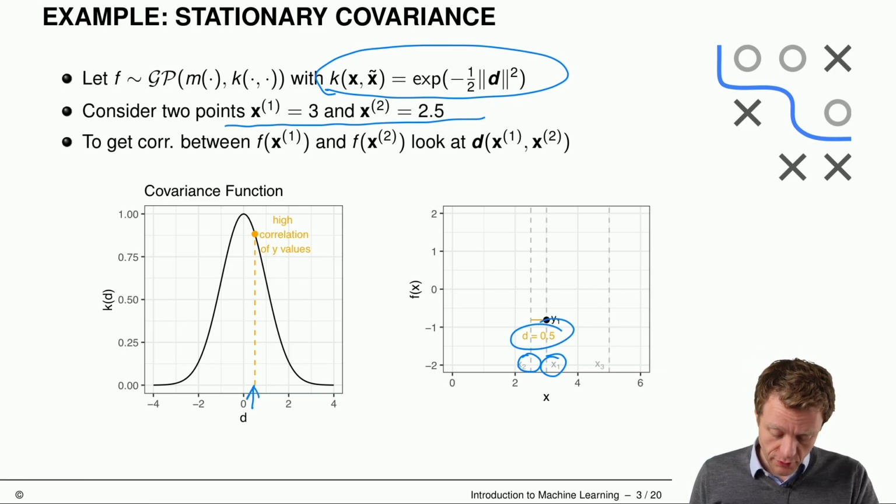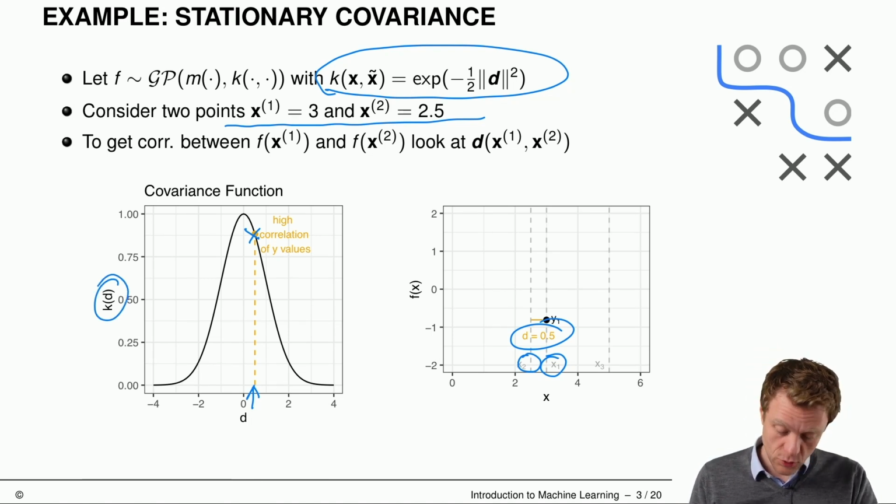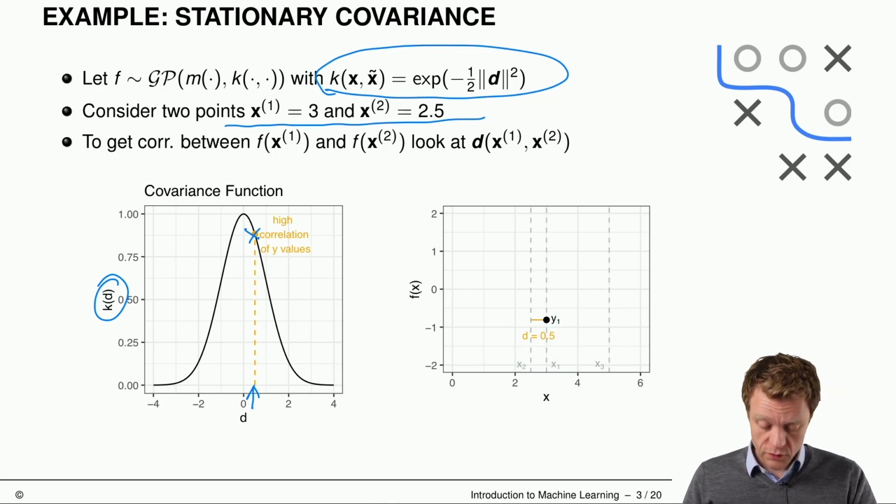And here at 0.5, we can look at the correlation of the y values that correspond to these two x values, because here we have a plot of the kernel function. This is a pretty high correlation, right? The highest correlation would be 1. So here, yes, they are almost perfectly correlated.